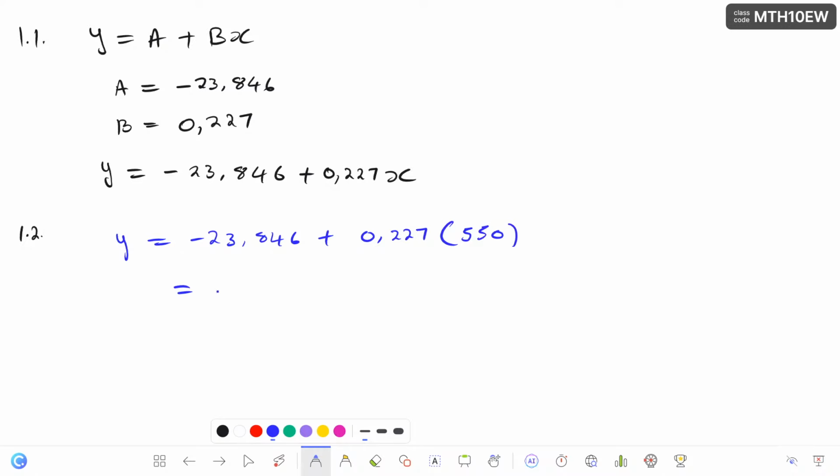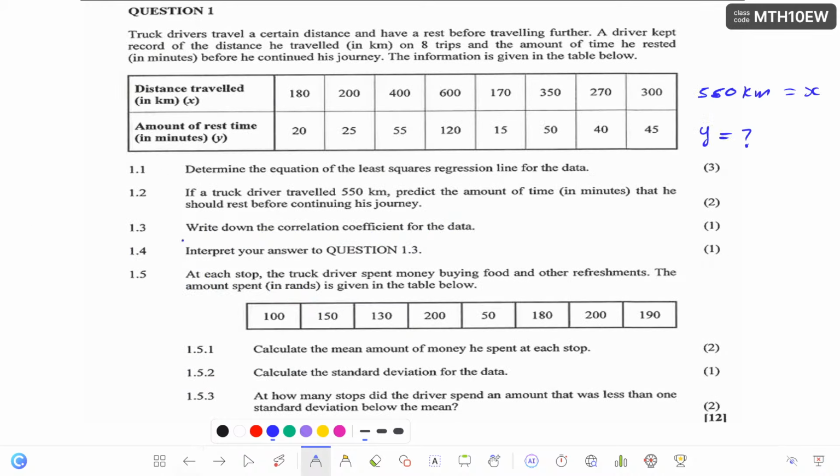So we are going to get a time of 101.004. You can simply round this number, if you are told to round the answer, and say y = 101 minutes.